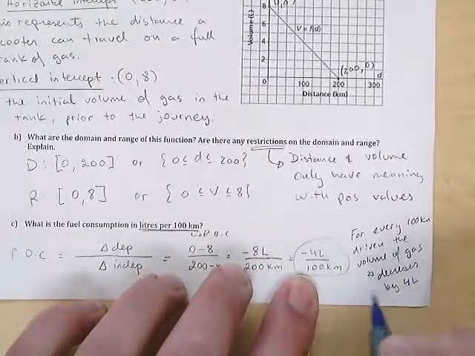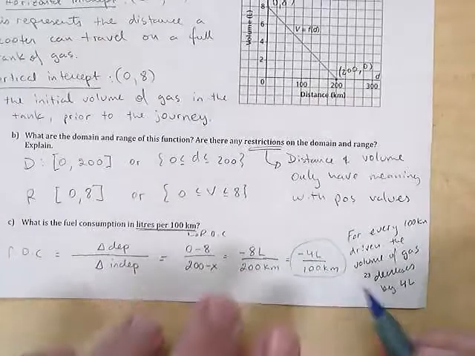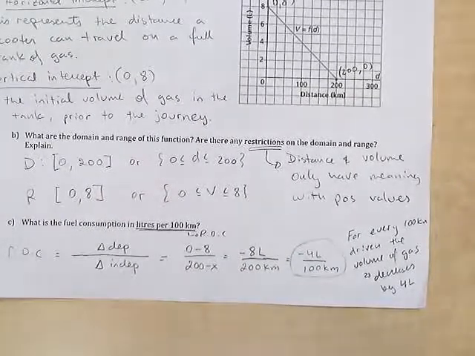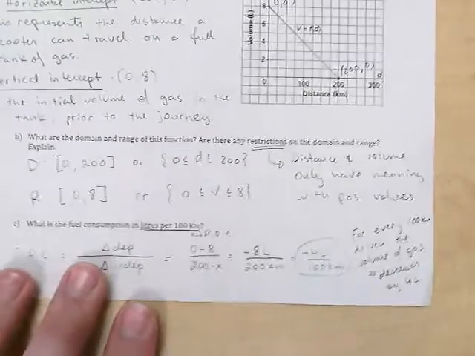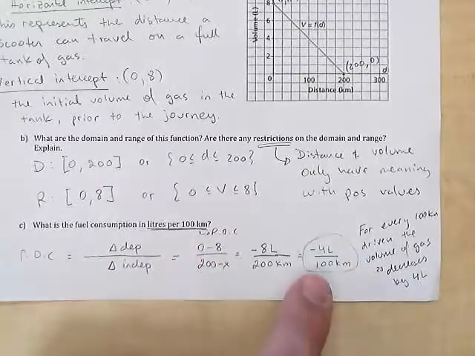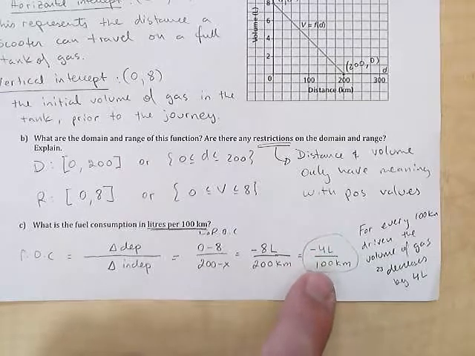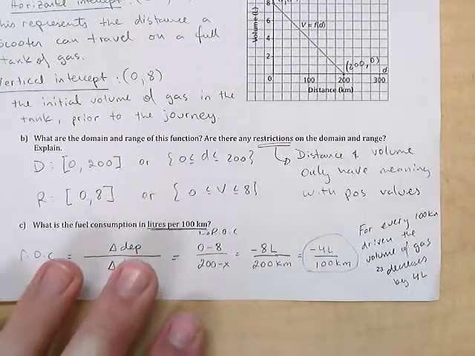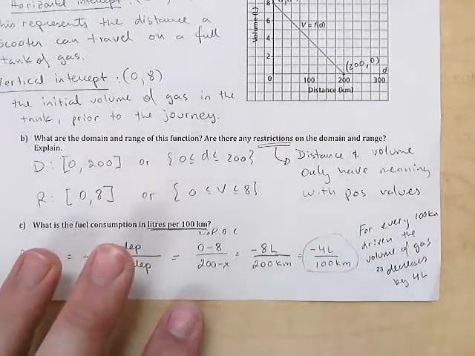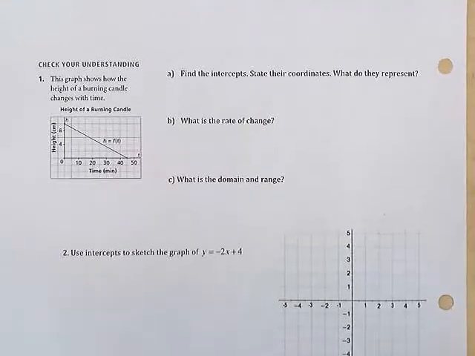And the word decreases takes care of the negative in front of that rate of change. Now, if this had not said per 100 kilometers, you would have kept on going, right? 4 goes in there once, it goes in there 25, so it'd be 1 over 25, negative 1 over 25.